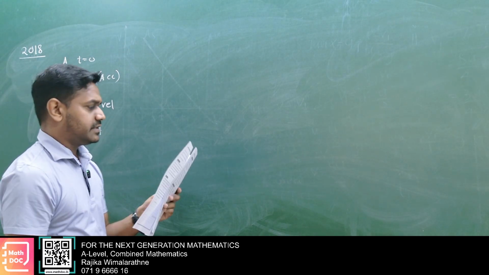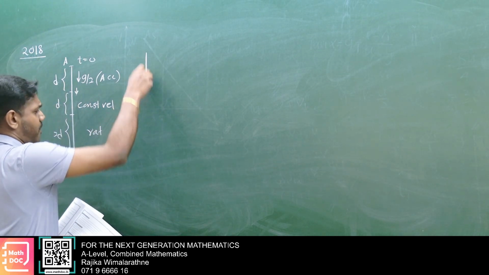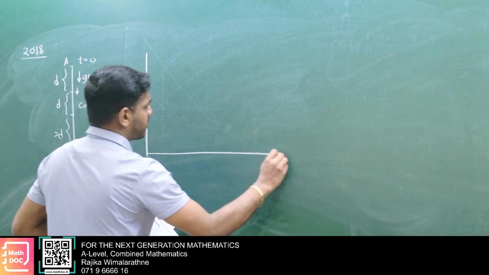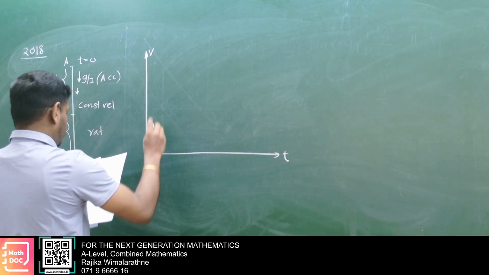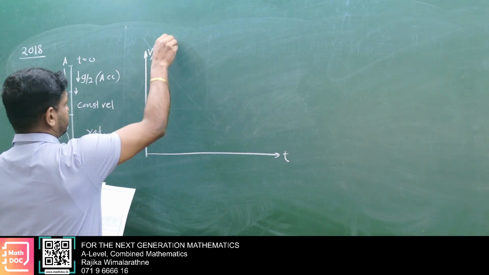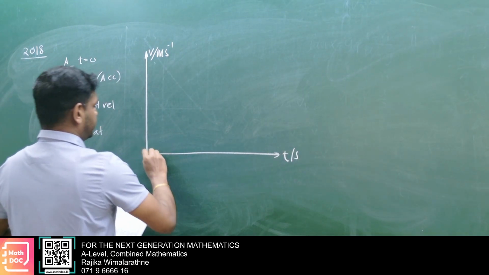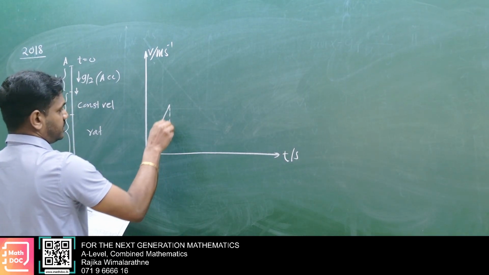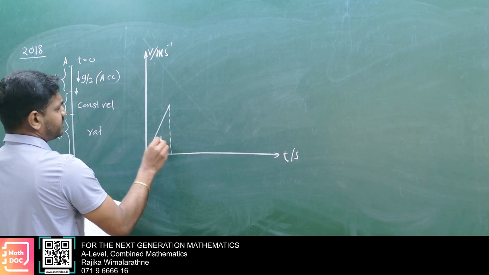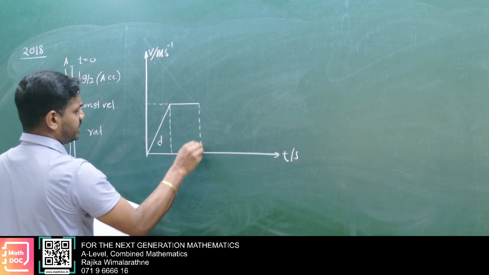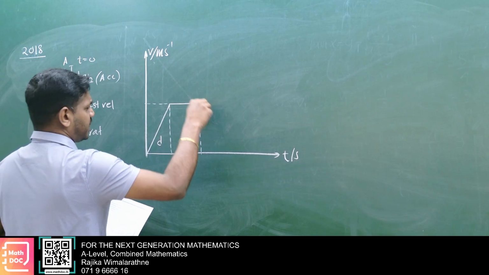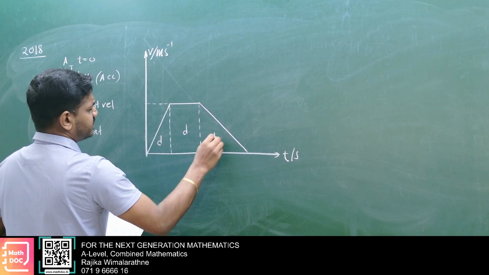Very simple question. Velocity-time graph, velocity in meters per second, time in seconds. Acceleration for d displacement, uniform velocity for another d displacement, retardation for 2d displacement.